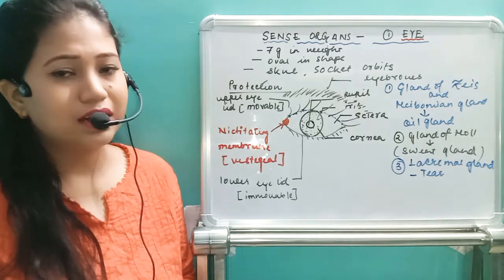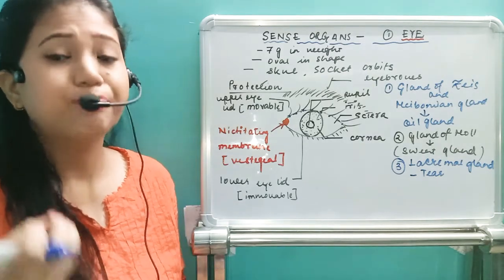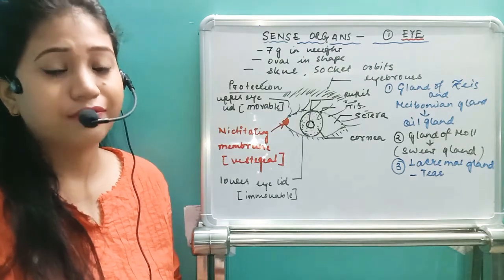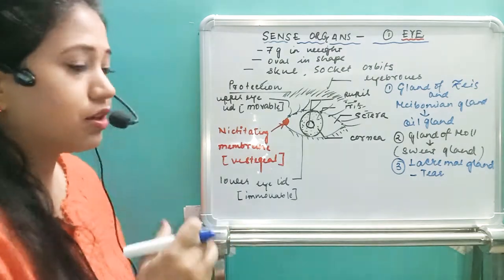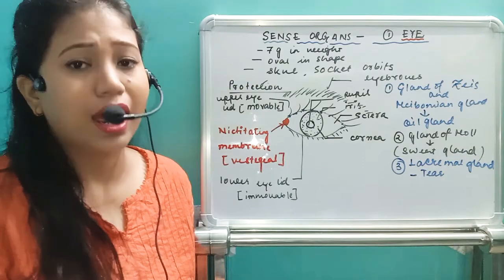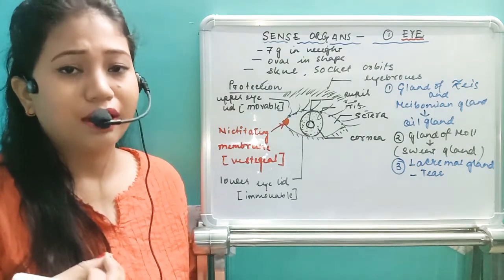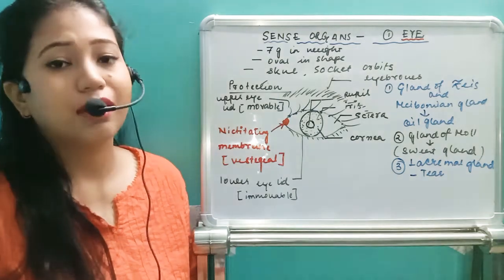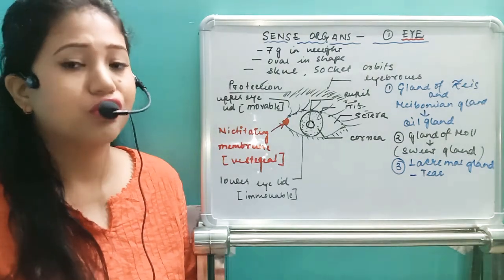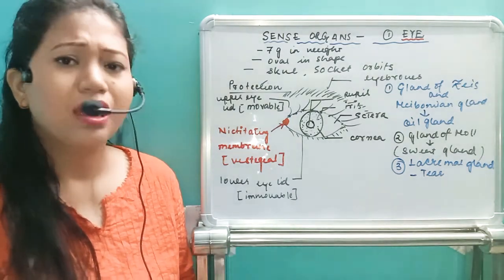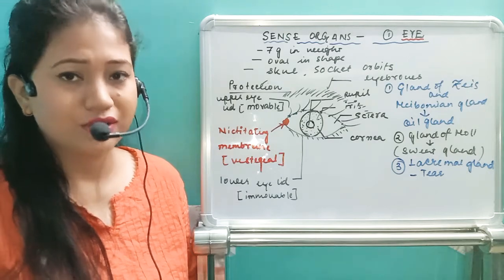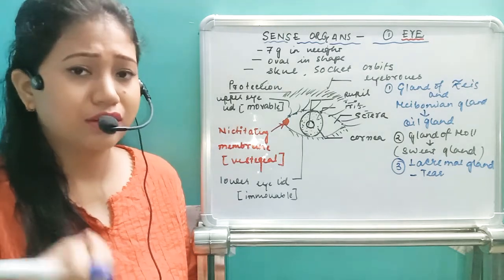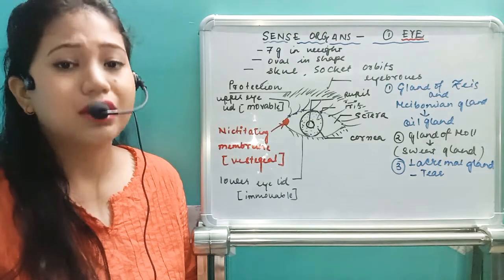So if bacteria enter or fall onto your eye surface, this tear helps. It's not that only whenever you're crying you produce tears. No, constantly, every time, we have the secretion of the lacrimal gland, that is tear. Whenever we are in an emotion, we are sad or crying, then the secretion of the tear gland increases.